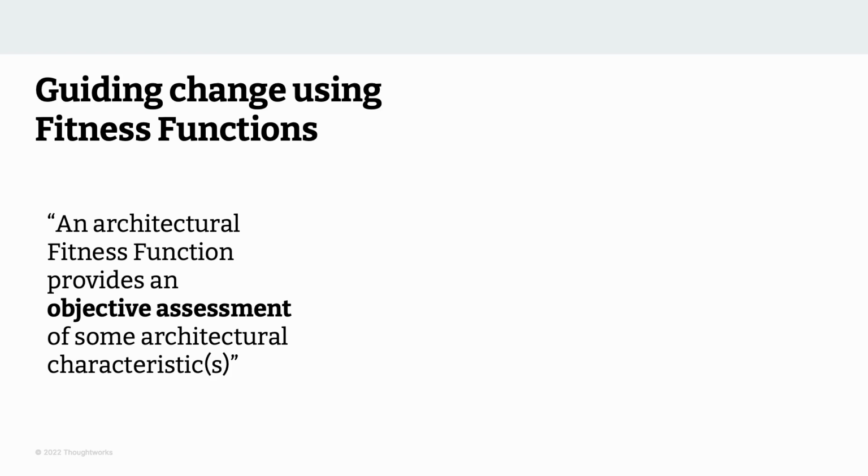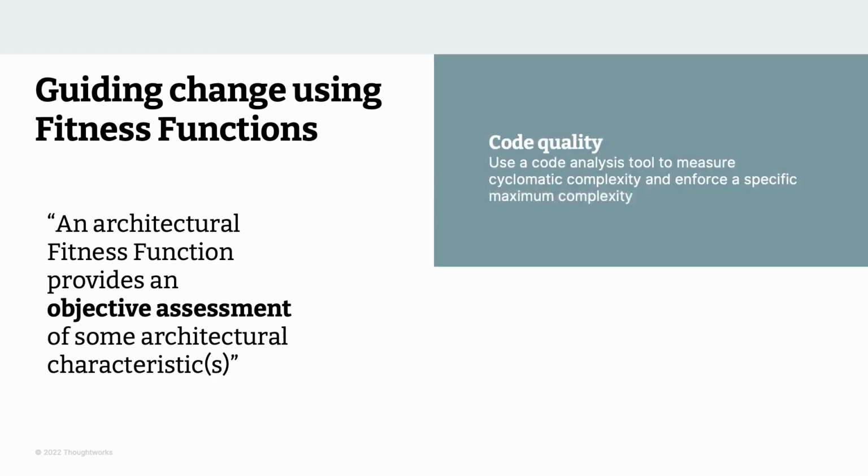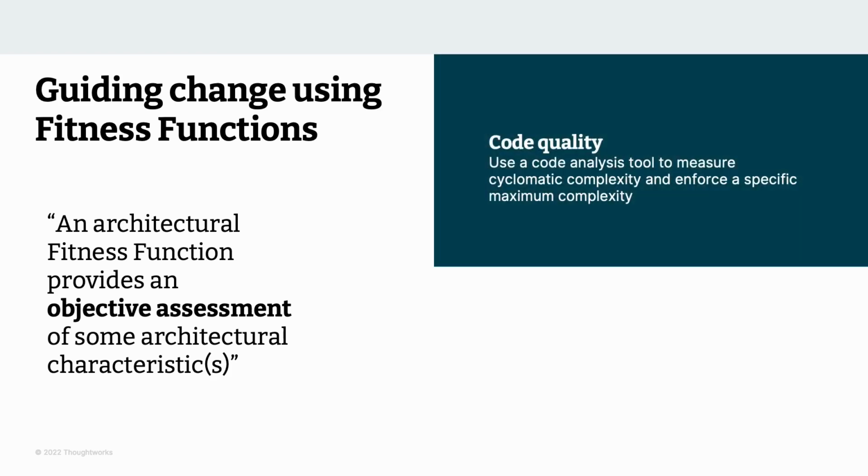Here, I have a couple of very simple examples of fitness functions just to get the grasp of how they could look like. One could be about code quality. We could have a code analysis tool that measures cyclomatic complexity, and then we can have a fitness function that makes sure that there is a specific maximum complexity.